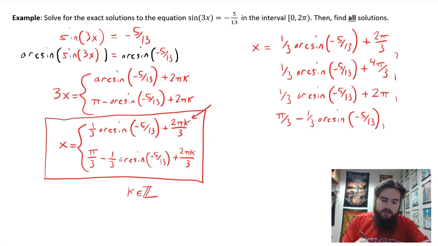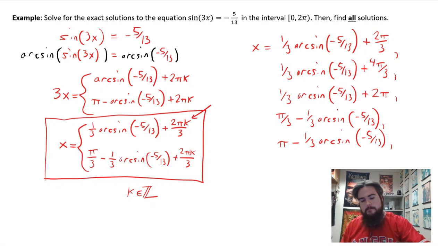Same should also be true if I add 2 pi thirds to this. So pi thirds minus 1/3 arc sine of negative 5/13 plus 2 pi thirds can add to that first term. Pi thirds plus 2 pi thirds is now pi minus 1/3 arc sine. So I've added 2 pi thirds to that first term.